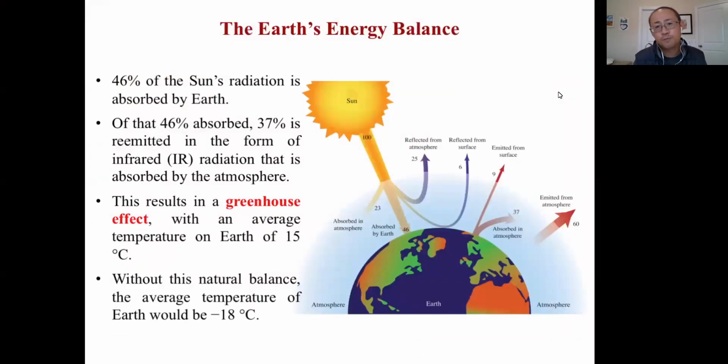And this picture shows you, for all the radiation, if you count it as 100%, 46% of the sun's radiation is actually absorbed by the Earth. Some is reflected from the atmosphere, some is absorbed by the atmosphere, some is reflected from the surface, etc. But 46% is absorbed by this big rock of Earth.